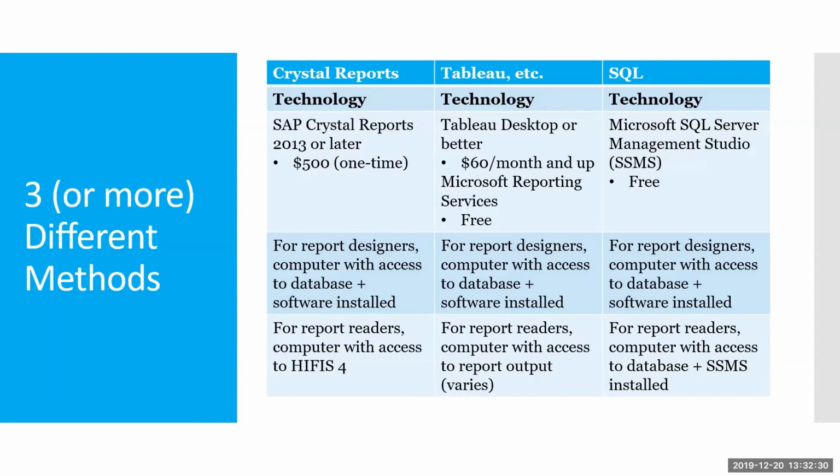Now, for all 3 of these versions, your report designers are going to need a computer with access to the database, which is not insignificant. That usually means that your IT department would have to help them configure firewalls and stuff to make sure that they are able to read data from the database.